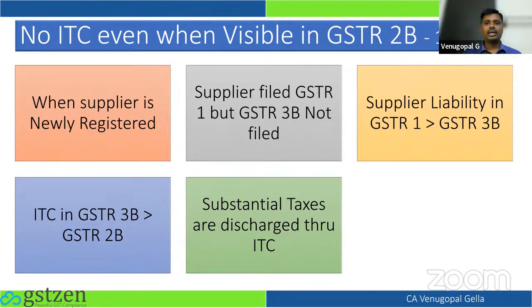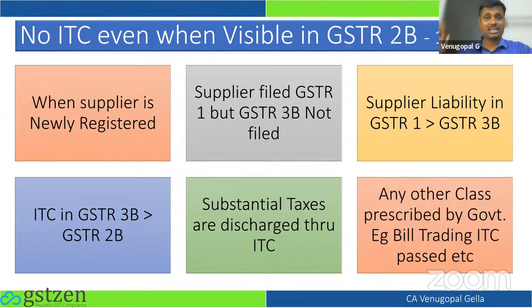Yes. We know Rule 86 sub-rule B, where there are restrictions on who should pay, and the government is expecting at least 1% of the taxes to be paid in cash. 99% you can pay through credit. So your credit is also at risk when some of the suppliers have paid their entire liability through credit. Again, you are at a next level of risk.